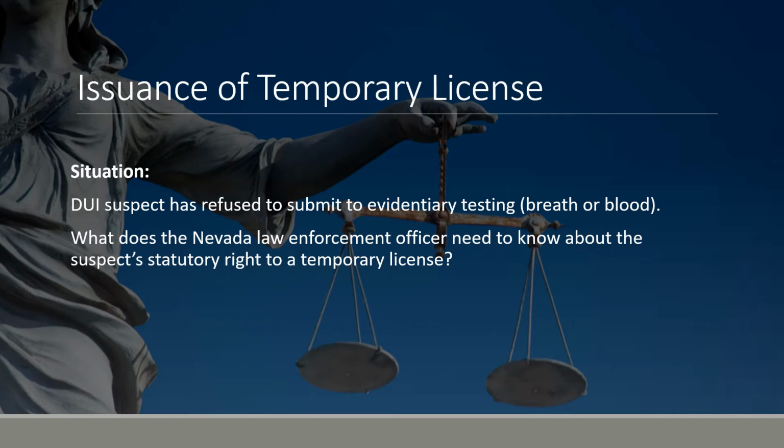What then, aside from the suspect's constitutional Fourth Amendment right that may require you to seek a seizure order from a judge, what statutory right does the suspect have that pertains to driving? NRS 484C.220 has the answers.